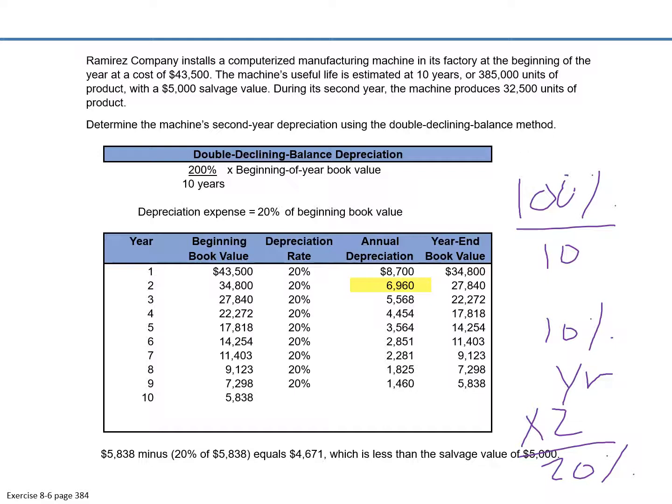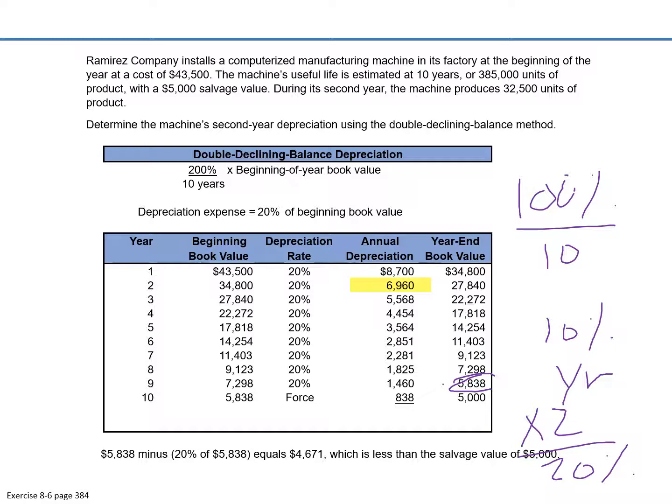So in the last year, 20% of the $5,838 is greater than, it will take our net book value to something less than what it should be according to what they tell us the salvage value is, so it's a plug. So we're going to force the rate for the last year, and it's going to be $838 because $5,838 was our beginning of year 10 book value.